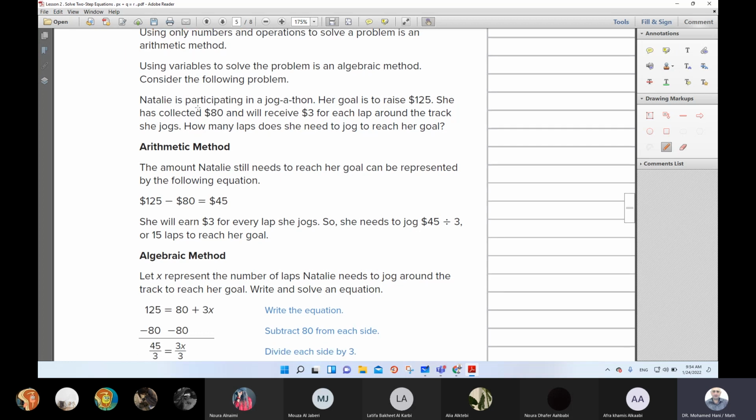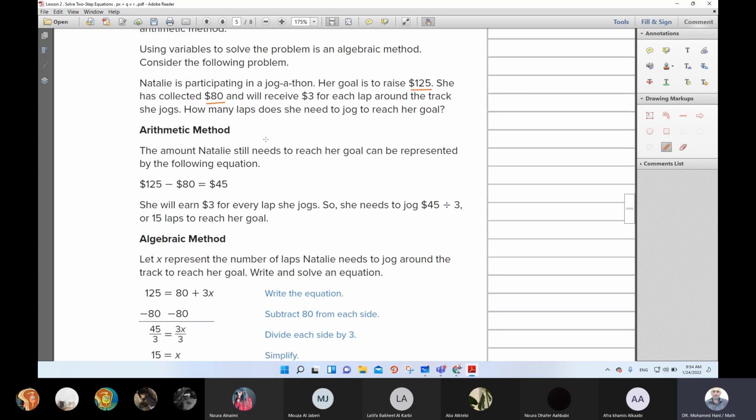Natalie is participating in a jog-a-thon. Her goal is to raise $125. She has collected $80 and will receive $3 for each lap around the track she jogs. How many laps does she need to jog to reach her goal?